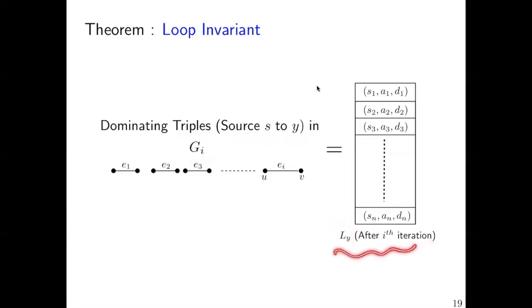After the i-th iteration, we do not store any more triples, nor fewer triples. The triples we store in L_v after the i-th iteration should be precisely equal to the triples available in G_i. This theorem we have proved, and it acts as the proof of correctness for our algorithm.